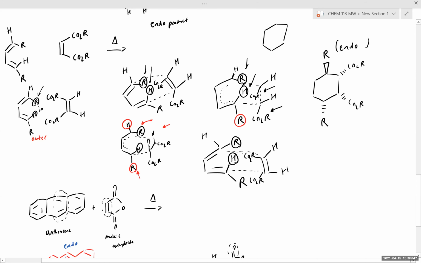And the main thing to note for the endo product is we've set the relative stereochemistry between our alkene alkyl groups and the electron withdrawing groups on our dienophile. So we get the following product plus the enantiomer.